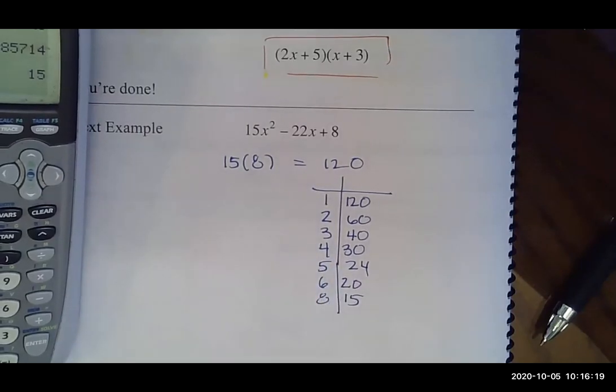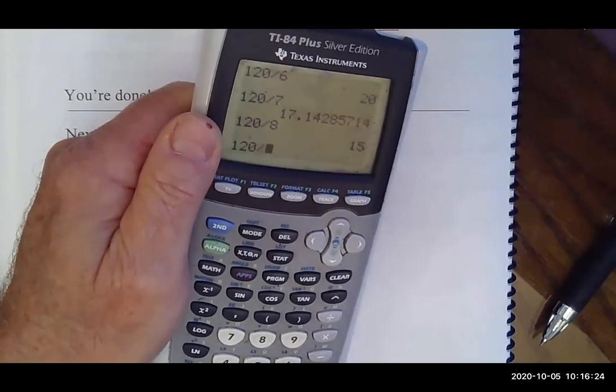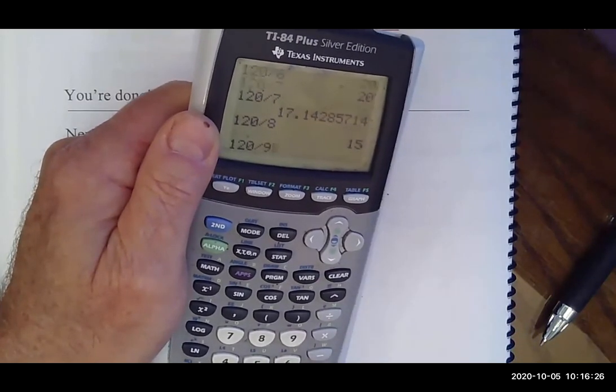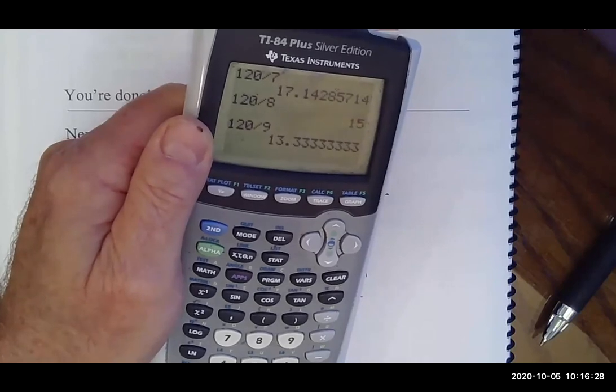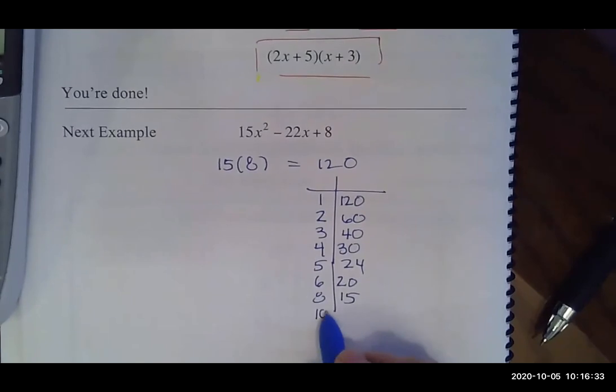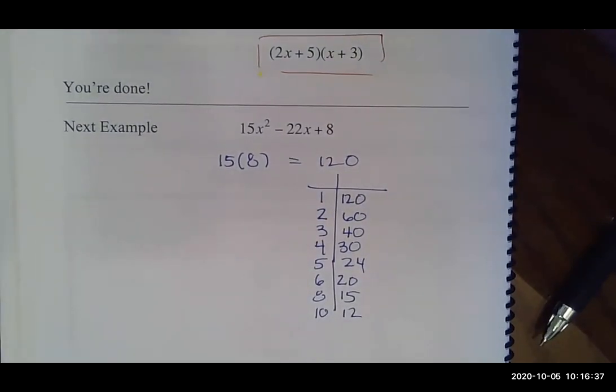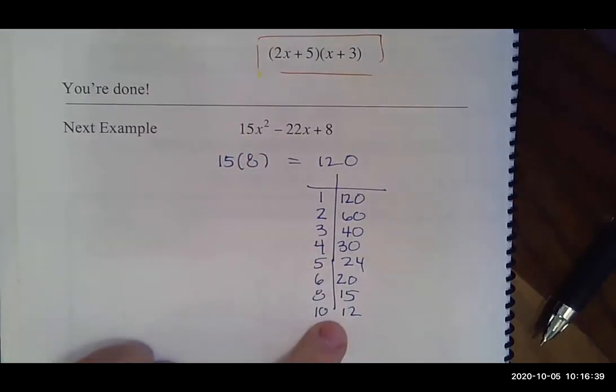It's close. It's 23 though. How about 9? No. How about 10? Well, of course, 10 and 12. That's it. That's the pair. I wanted 22. I got it.